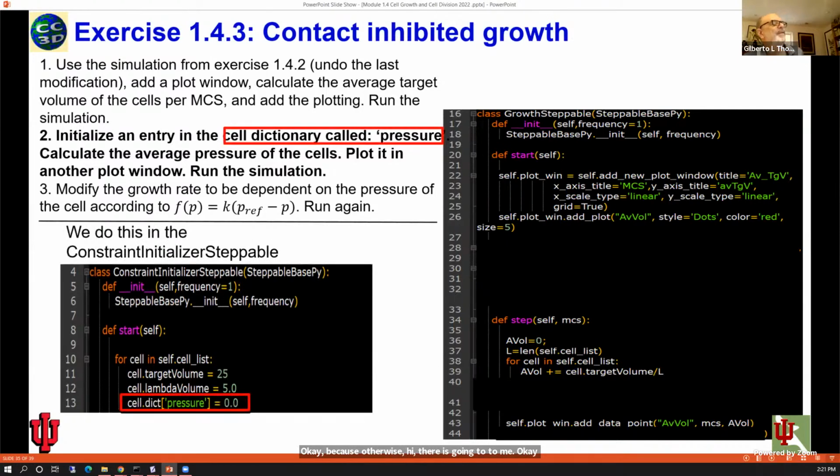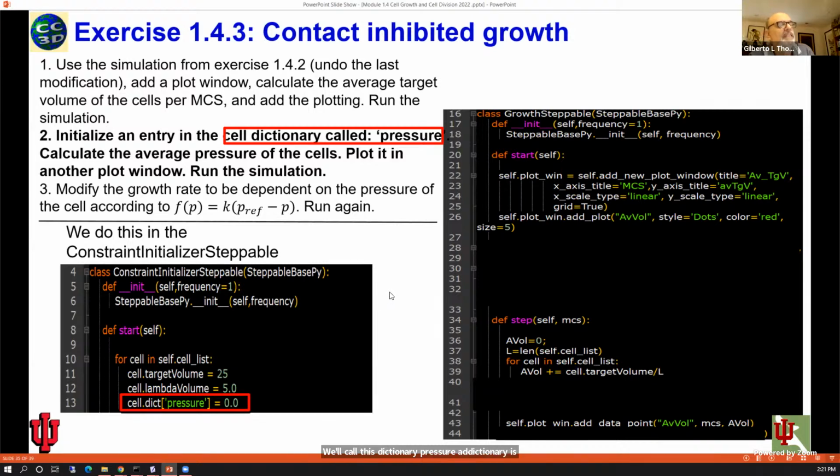Okay, how do you create a cell dictionary? Here, in the initializer, in the steppable, when you introduce the cell target volumes, the cell lambda volume, you create the dictionary. We'll call this dictionary pressure. A dictionary is something that you attach to the cell properties.